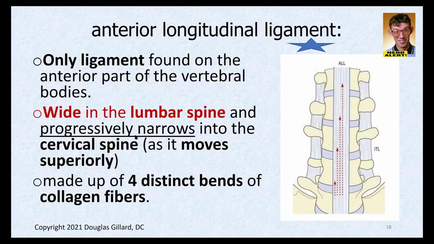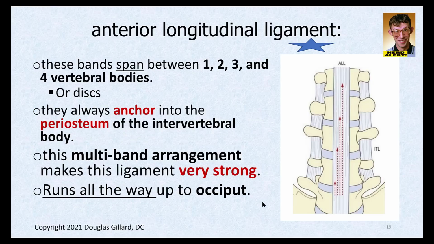By the time you're in the cervical spine, it's pretty thin. It also has 4 distinct bands. One band of fibers crosses 1 disc level, another band crosses 2, 3, 4, etc. And they're not all in order, they're all mixed up in here, so it gives you some extra strength in this ligament.